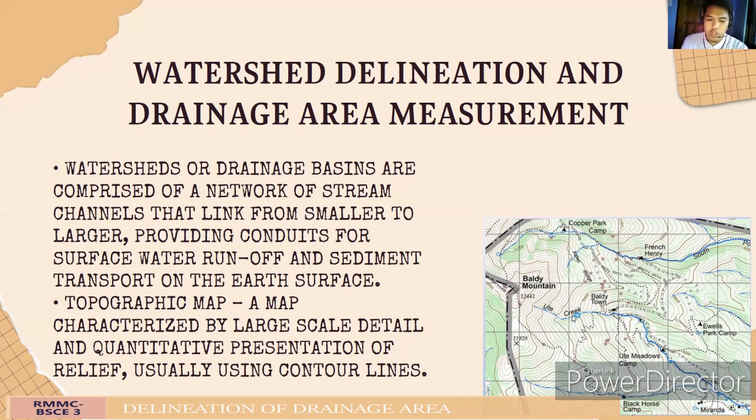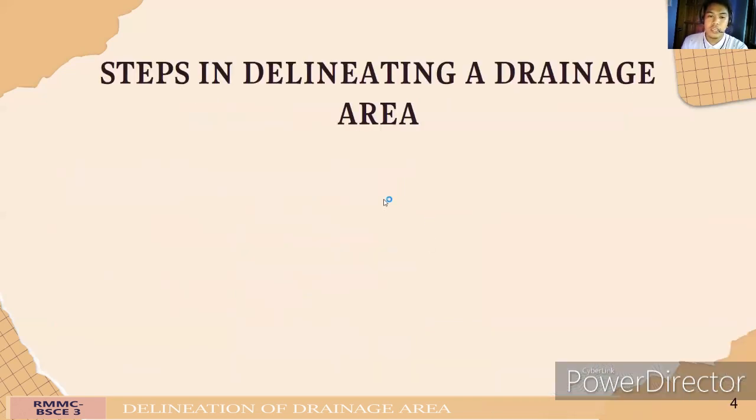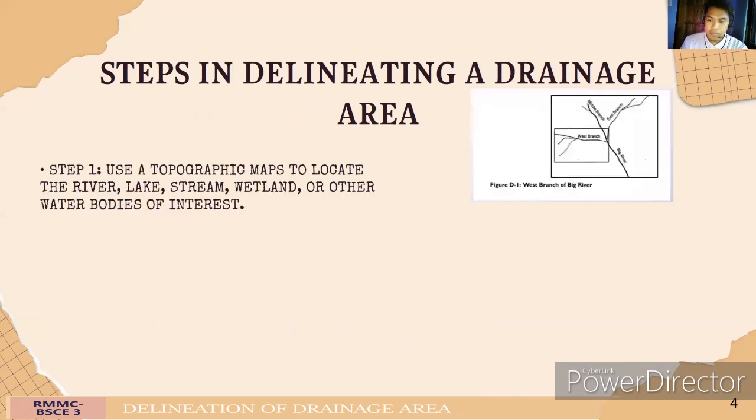The topographic map plays a very important role in locating any kinds of water bodies. So in this example, the West Branch or Big River. So this is the Big River, and it has smaller branches where different waters flow. So these are some of our examples in our topographic map.